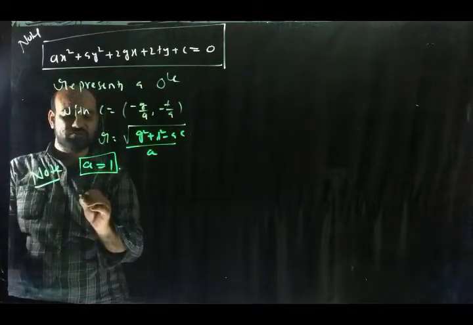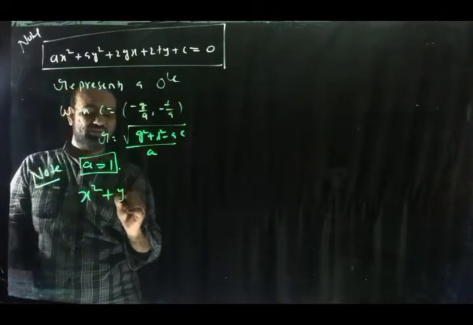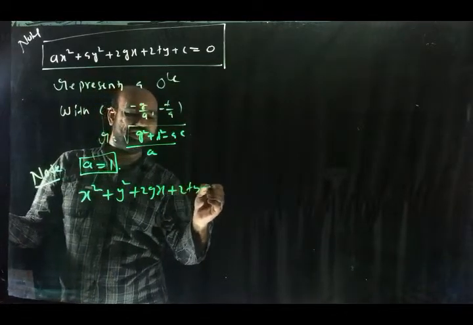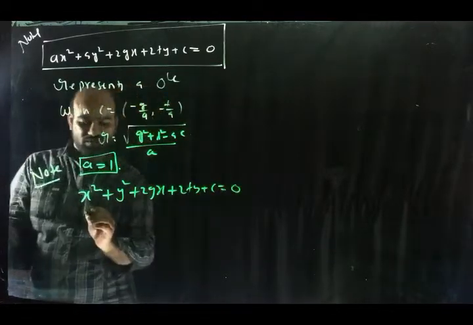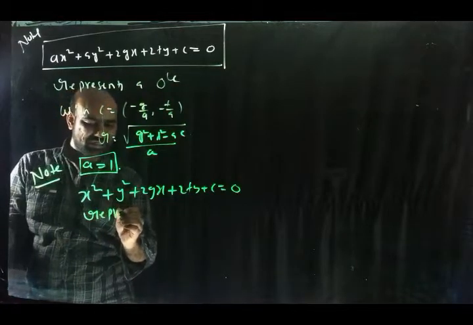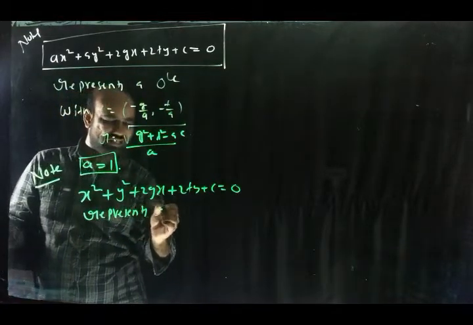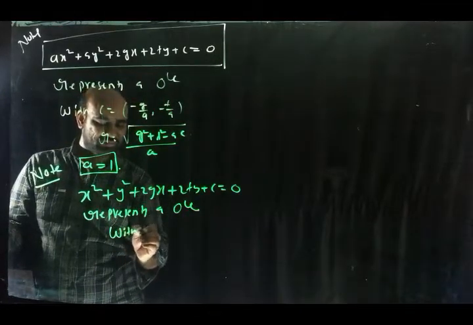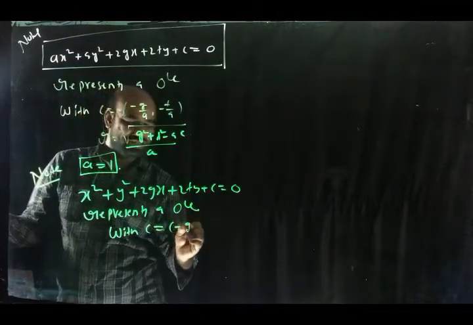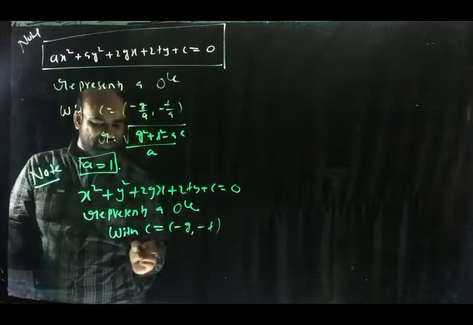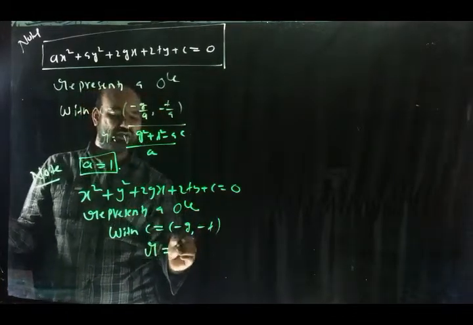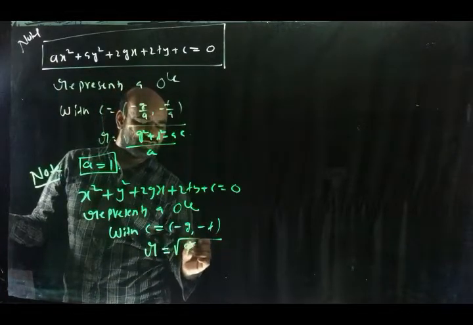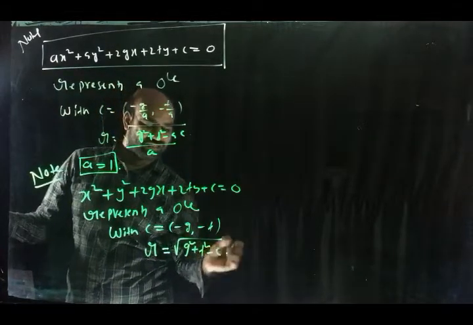Then the equation x square plus y square plus 2gx plus 2fy plus c equal to 0 represents a circle with center minus g comma minus f and radius, instead of a we write 1, root over g square plus f square minus c.